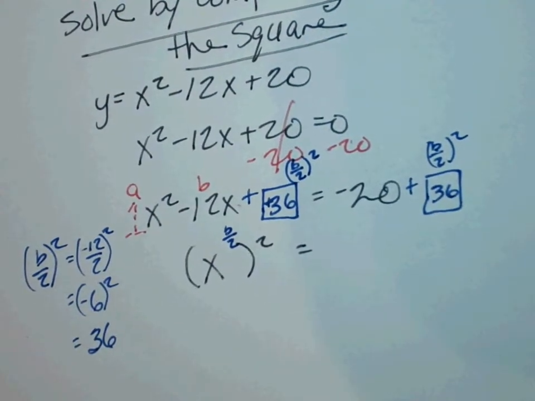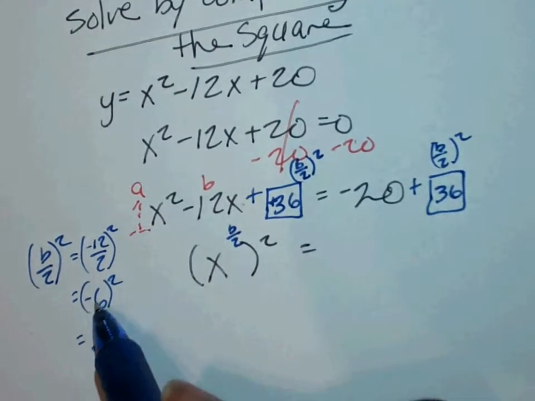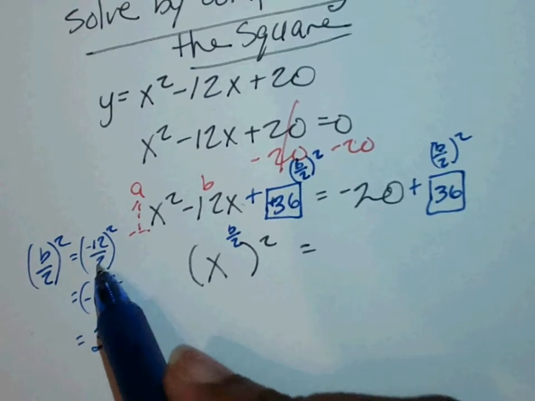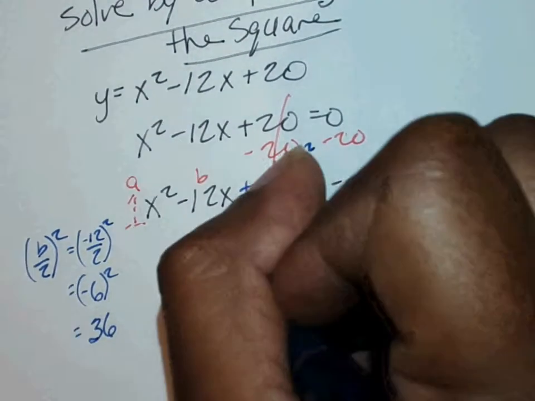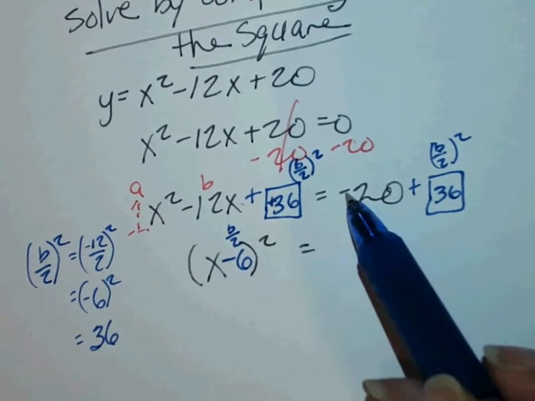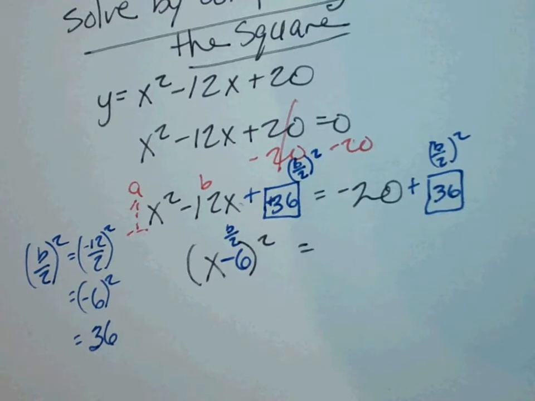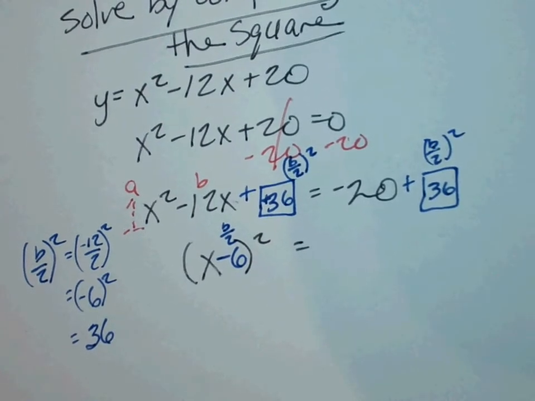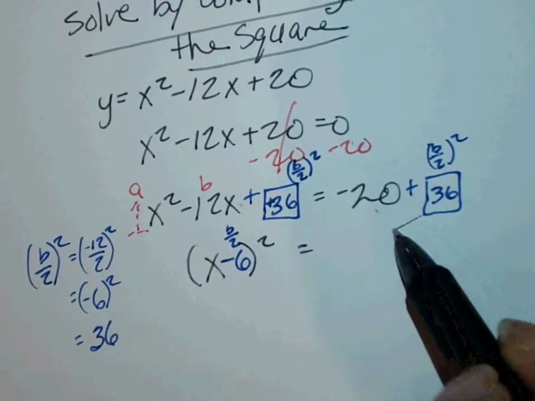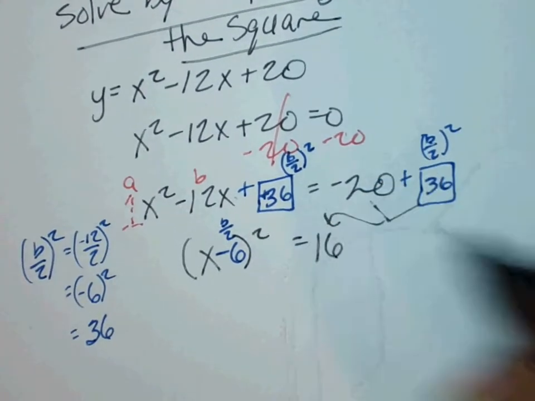So b divided by 2 was right here, because remember it was negative 12 divided by 2. We got negative 6. So I'm going to put minus 6. And that's going to equal negative 20 plus 36. That'll be 16. So these two come together to give me 16.